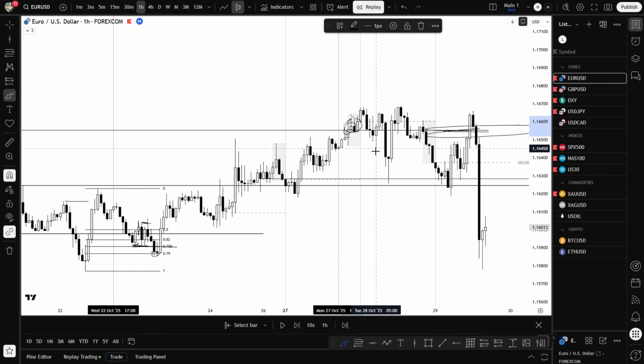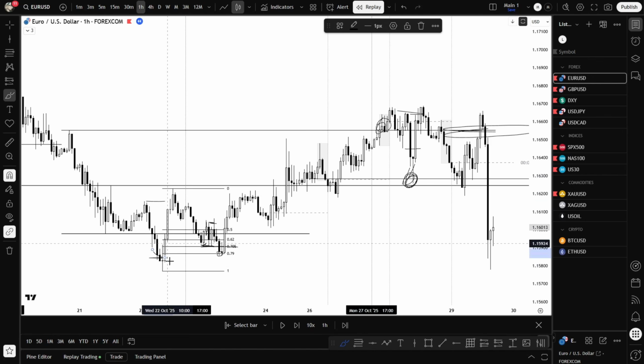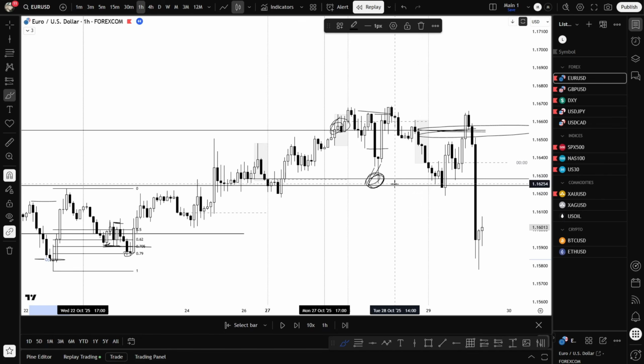Tuesday, I gave it a try. So I was watching for this low. Once we have this soup close above the high, my entry was here. My stop loss was here. I trailed my stop loss, and my trade idea gets in. I fully closed here.